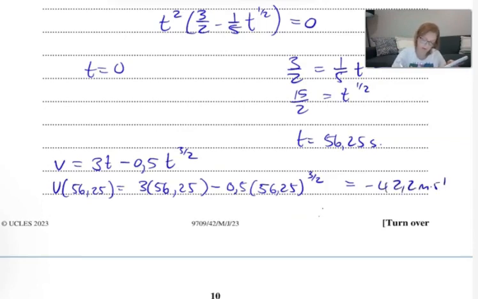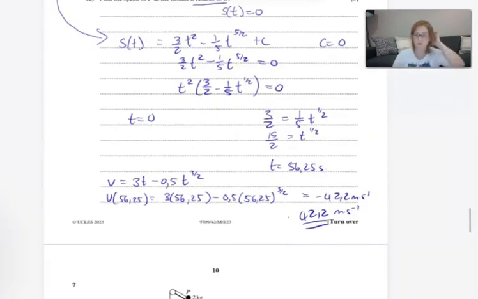So therefore I'm going to say my speed is 42.2 meters per second. We don't give direction if they ask for speed. If they give velocity, we can do that. And it makes sense that it's negative, because if this particle is returning to 0, it means it's coming backwards, so that's why it's a negative value.